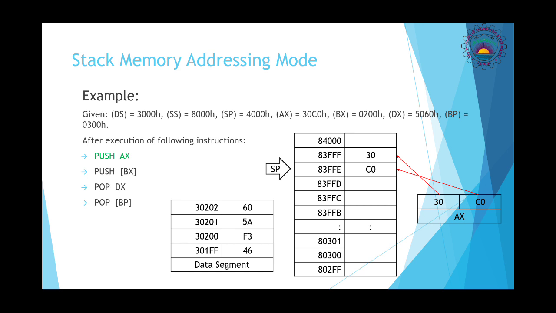So the physical address of SP-1 is 83FFF, and the physical address of SP-2 is 83FFEH. So AX is copied on top of the stack and SP decrements by 2. The new location of SP is shown. SP is pointing at address 83FFEH.